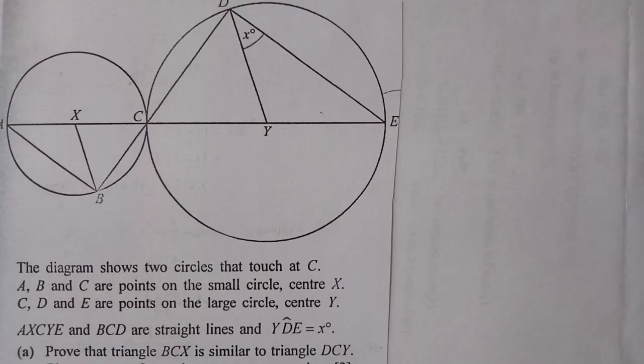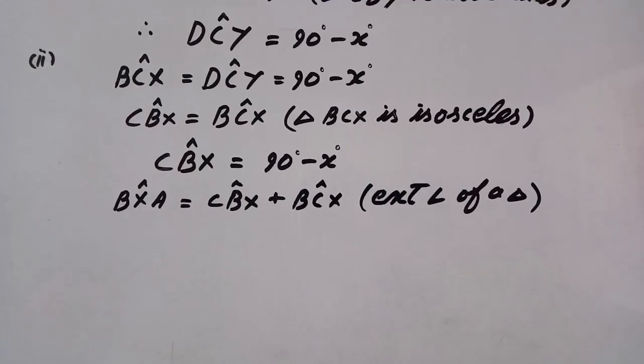Now the angle BXA is the exterior angle of the triangle, with the two internal angles at B and at C, the angle XBC and the angle XCB. Angle BXA equals the sum of angle CBX and the angle BCX.